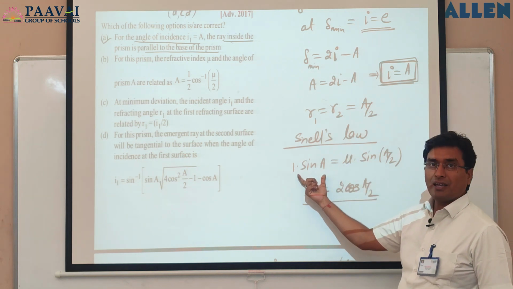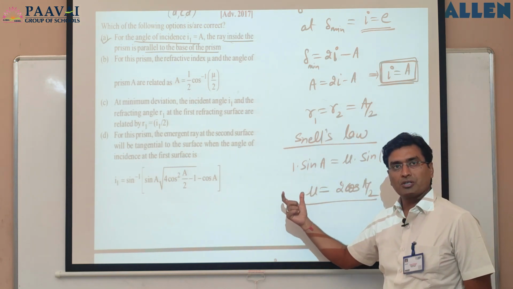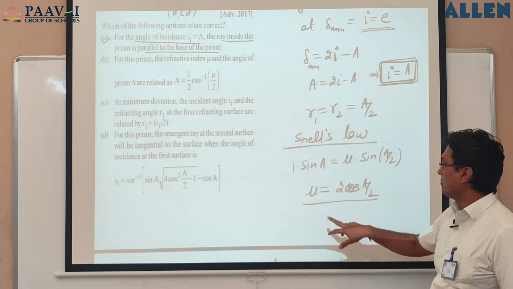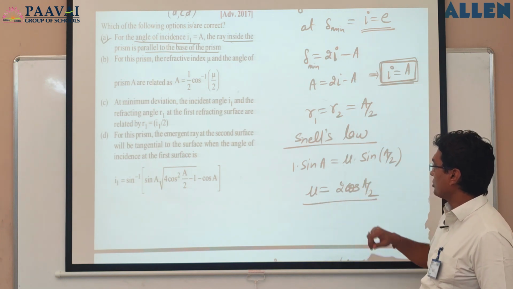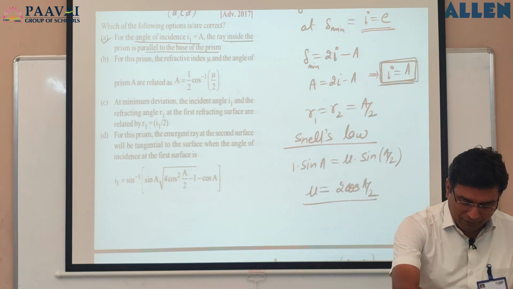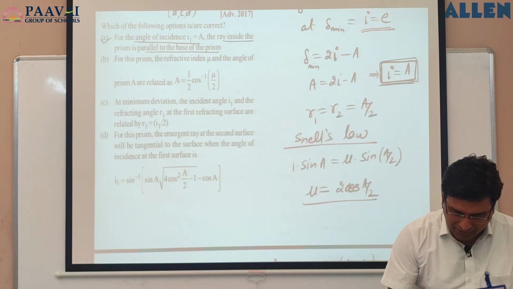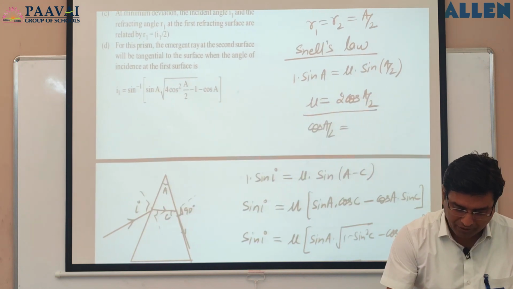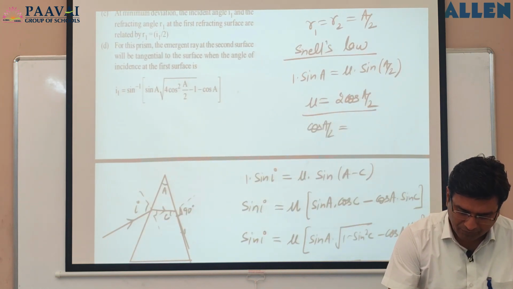By writing sin A as 2 sin A by 2 cos A by 2, sin A by 2 will be cancelled out and we get mu as 2 cos of A by 2. If you further simplify it, cos of A by 2 is nothing but mu by 2 here. Hence, angle A will be equal to 2 into cos inverse of mu by 2.